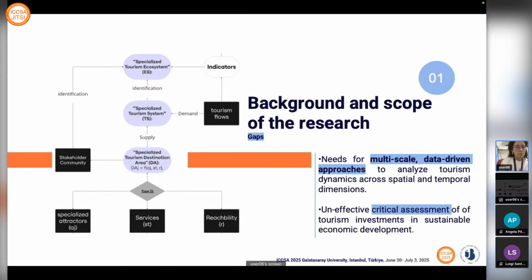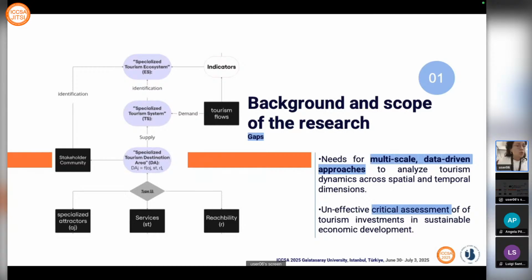So in our research, we developed a taxonomy that is structured in 3 classes. The finest one is the specialized tourism destination area, which is structured in 3 categories of data elements: specialized attractors, services, and reachabilities.